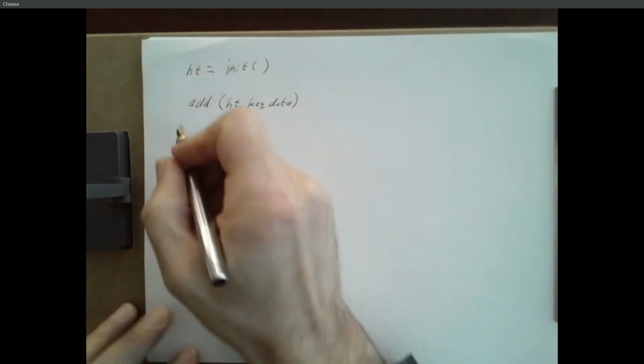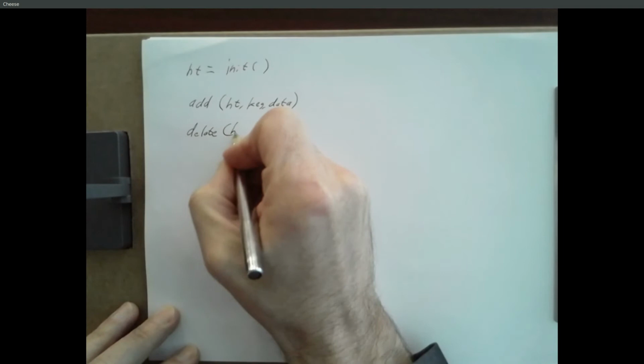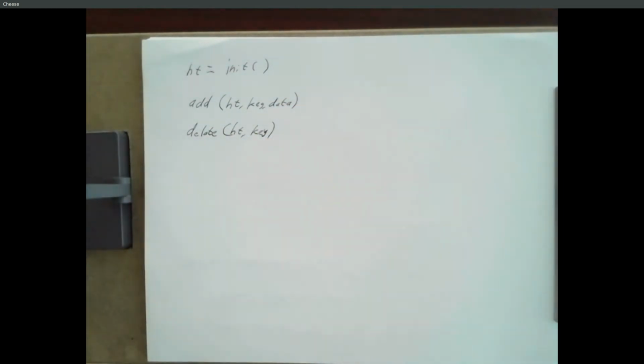If the key doesn't exist, then we're adding a new key and we're associating the data with it. So we want to be able to add, we want to be able to delete, and typically we'd say delete this particular key and its associated data from the hash.